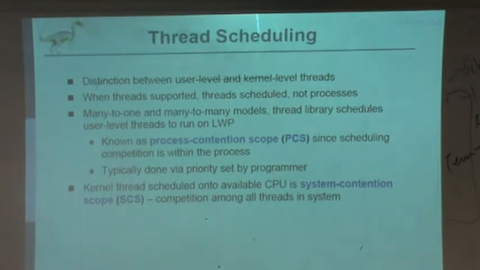Inside the process, we can separately schedule. However, in terms of the operating system, they belong to the same process. So there is a thread scheduler for each process, which schedules those threads.